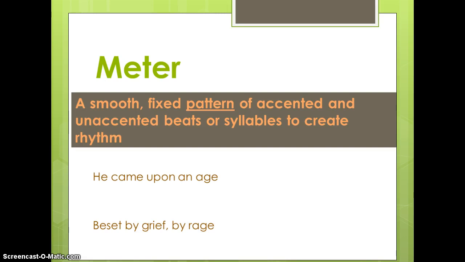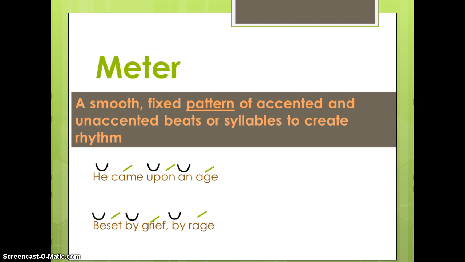He came upon an age beset by grief, by rage. Listen to that rhythm. He came upon an age beset by grief, by rage. The poet has put together these two lines of poetry so that it has that natural rhythm, and we call that natural pattern our meter.